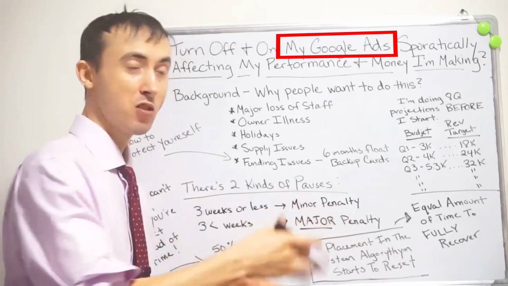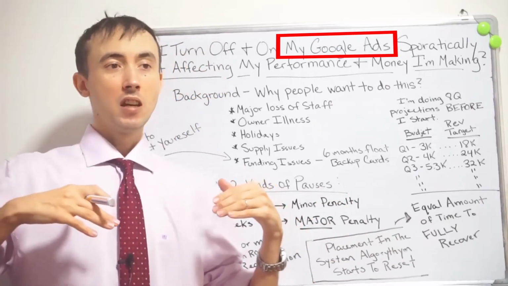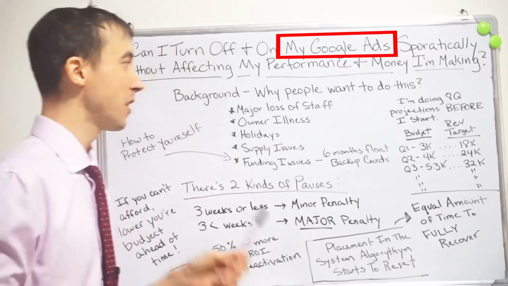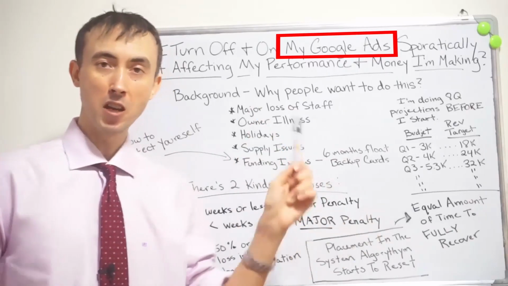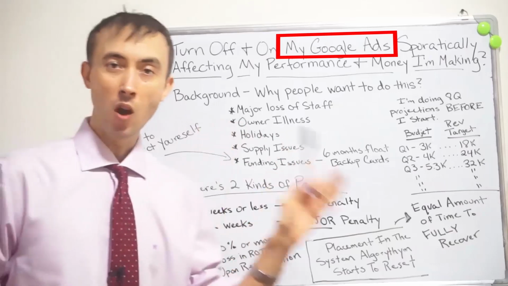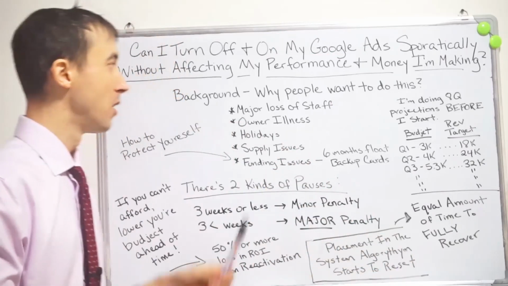You can take advantage of the fact that Google has an off switch in case something happens, and not get the negative downside of doing that. So we'll go through the pros and cons of shutting the ads off, turning them on, avoiding the bad stuff that comes with that, and you can walk away knowing how to shut your ads off so you won't be affected by it.